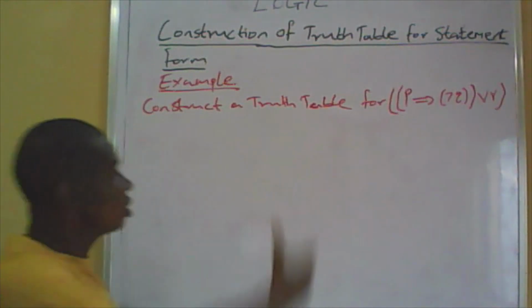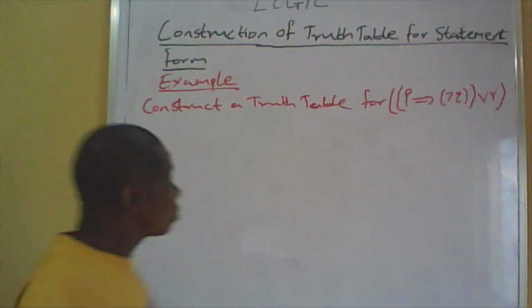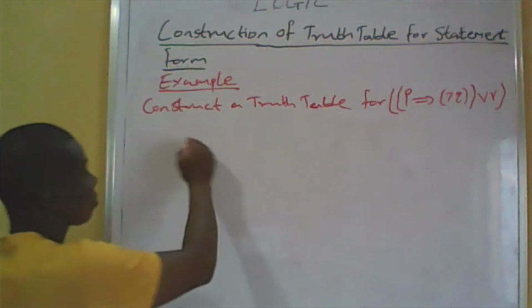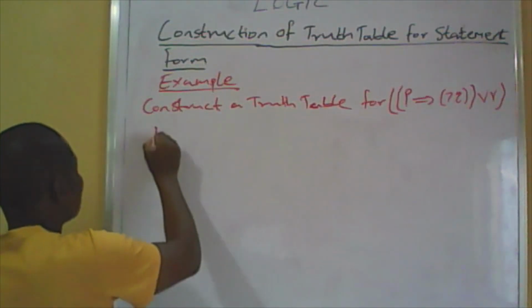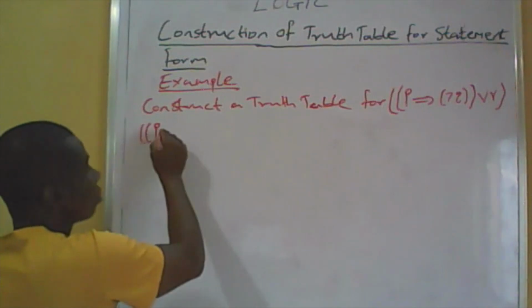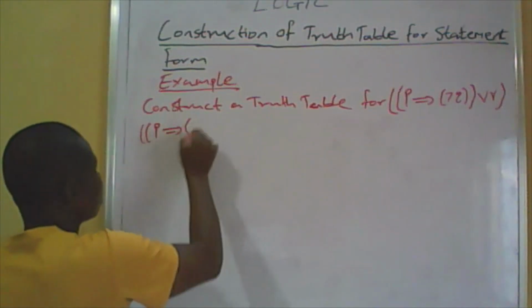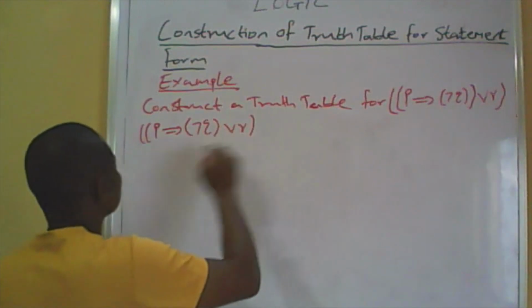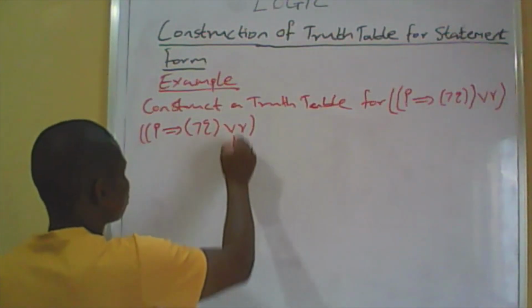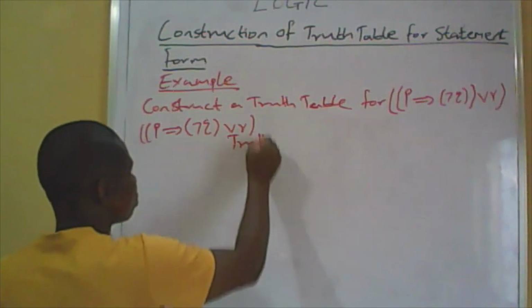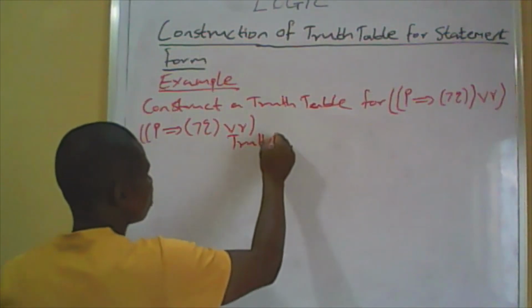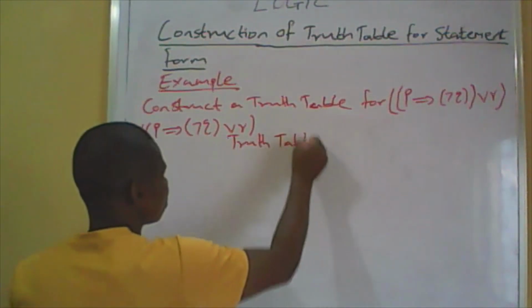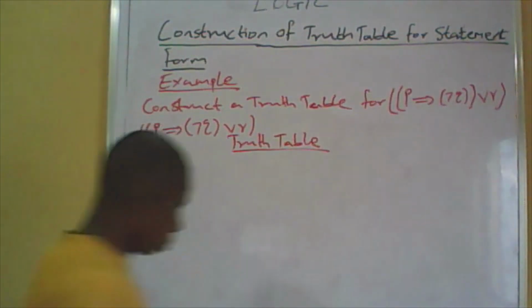Let's construct the table. You write the statement, P implies not Q or R. You write truth table.